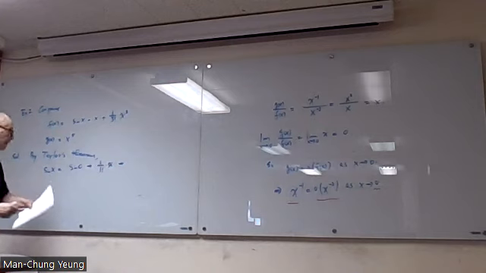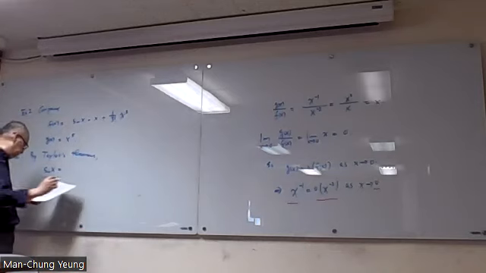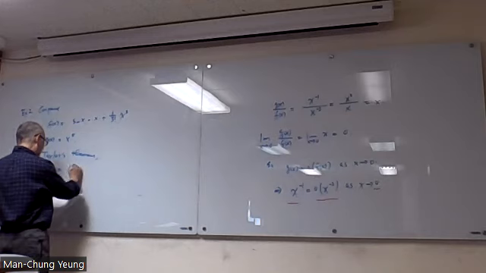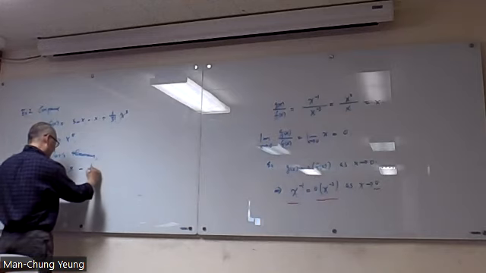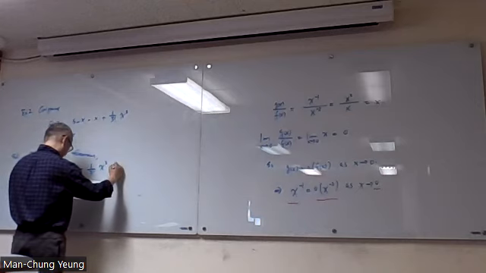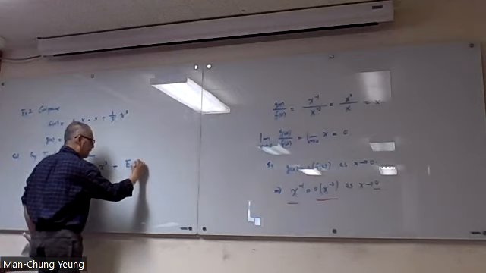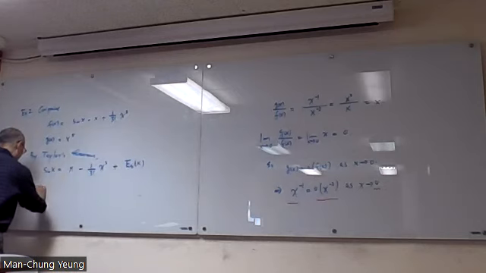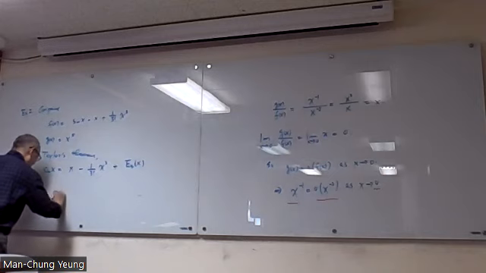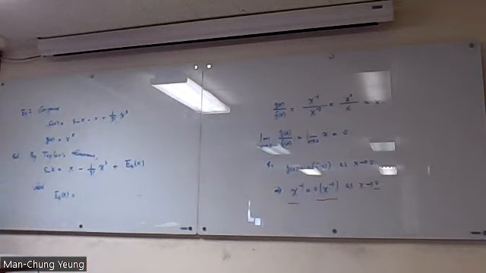By Taylor's theorem, we get this polynomial x minus 1 over 3 factorial x cubed, plus an error term. We have a formula for the error term in Taylor's theorem.